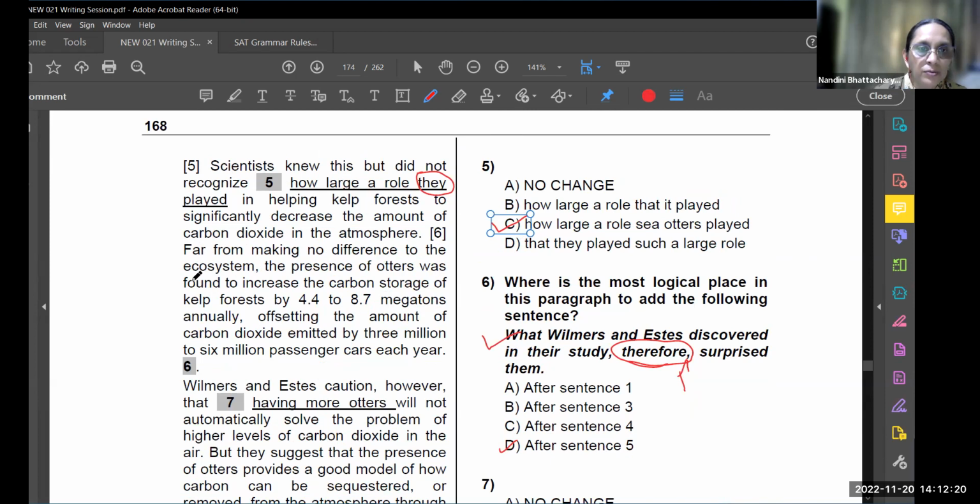Far from making no difference to the ecosystem, presence of otters was found to increase carbon storage of kelp forest by 4.4 to 8.7 megatons annually, offsetting the amount of carbon dioxide emitted by 3 million to 6 million passenger cars each year. Now we can say that this was a discovery that they made, right? So this particular sentence cannot go in the middle after sentence 1.